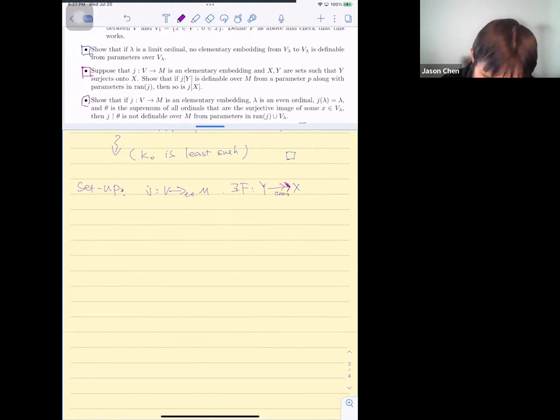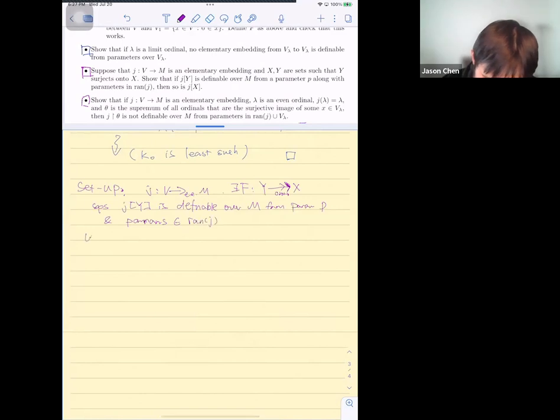And we're supposing that J image of Y is definable over M from parameter P and some parameters in the range of J.